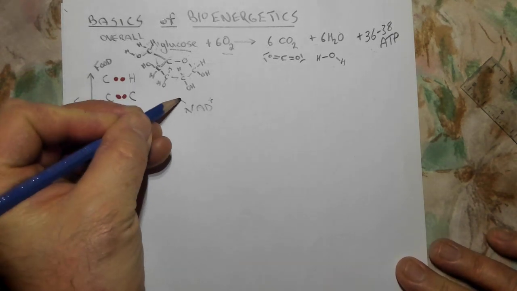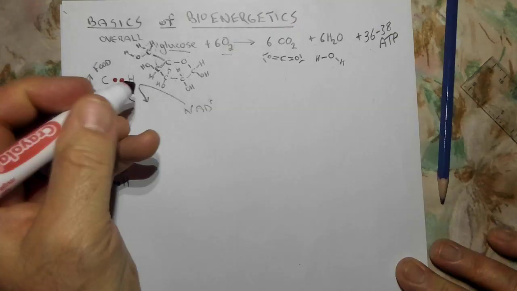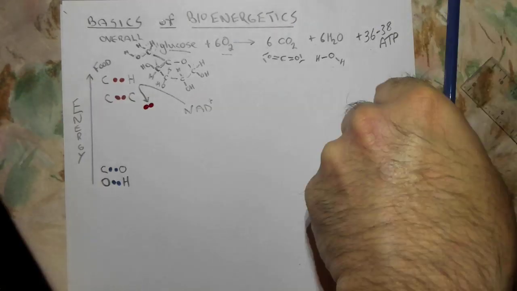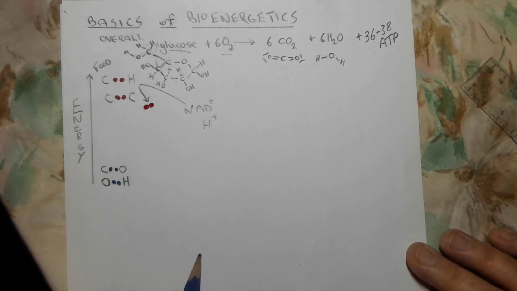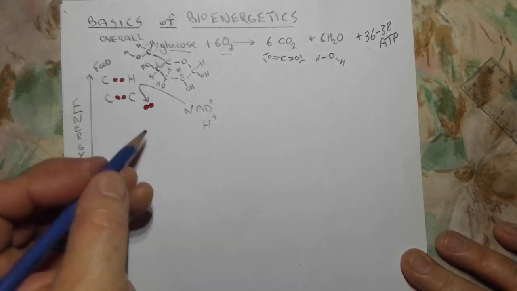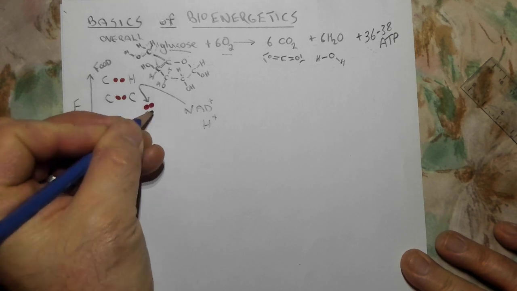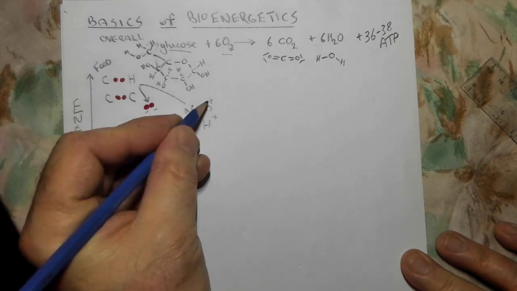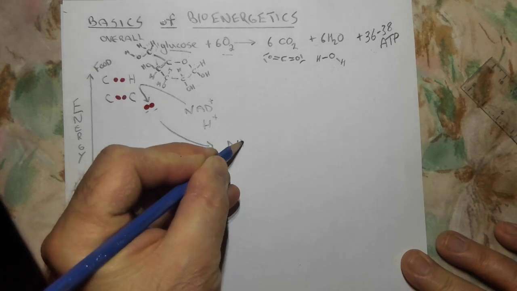It'll come in, grab those two hot electrons. It also has to grab an H+ that's just floating around, and there's always H+ floating around in the mitochondria. The combination of the two negatives and a positive produces the molecule NADH.